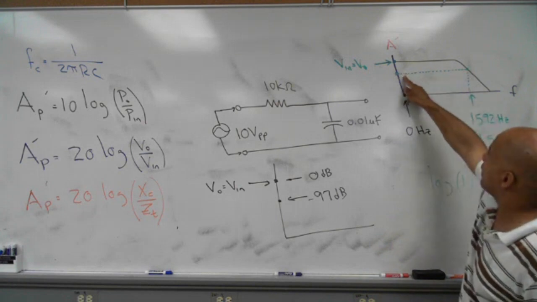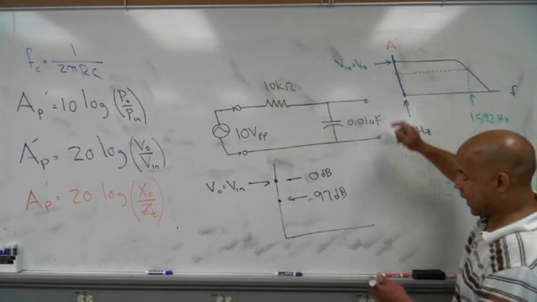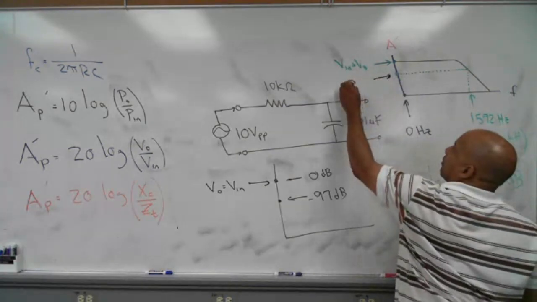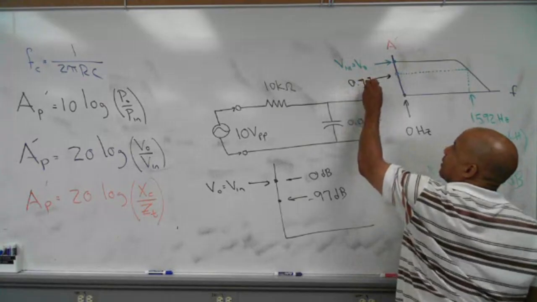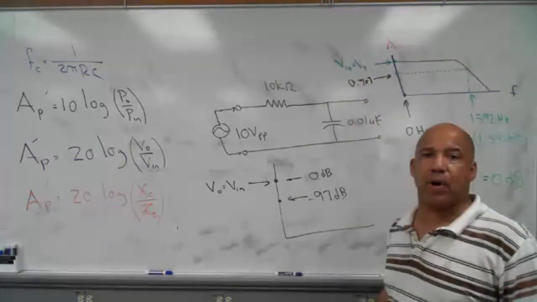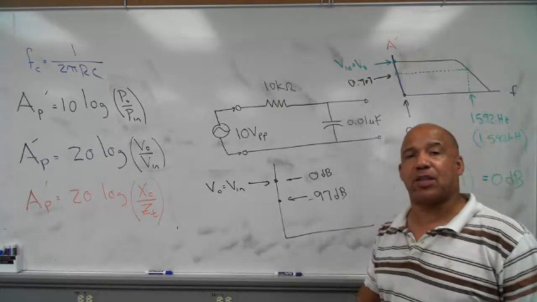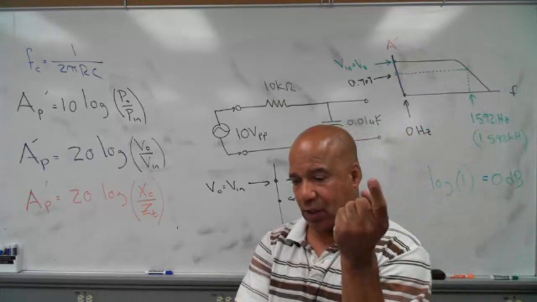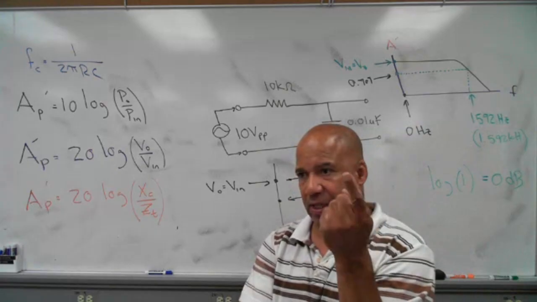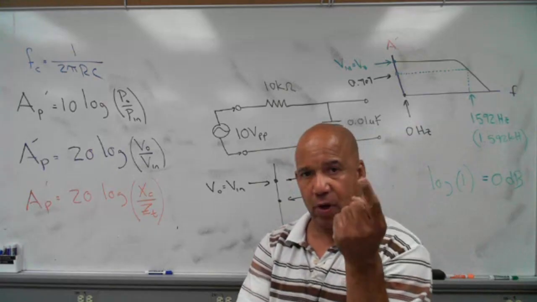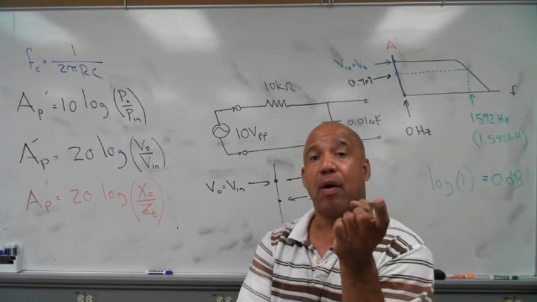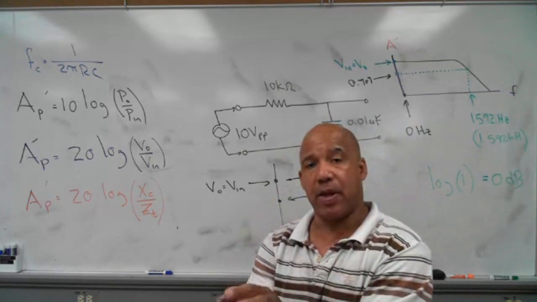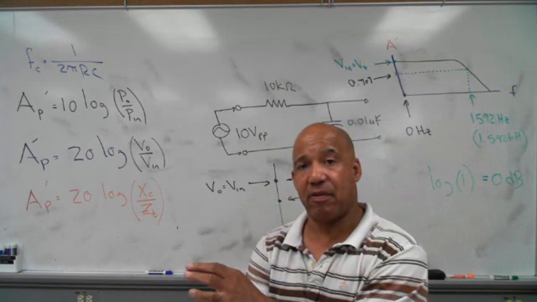So if I go back, that would be over here. Well, I know what that is. Right here, that's that 0.707 point. What do I know about the 0.707 point? Well, I know that the voltage is 0.707 of the total voltage, but what else do I know? I know that that's the point at which the power is what? Decreased by half.